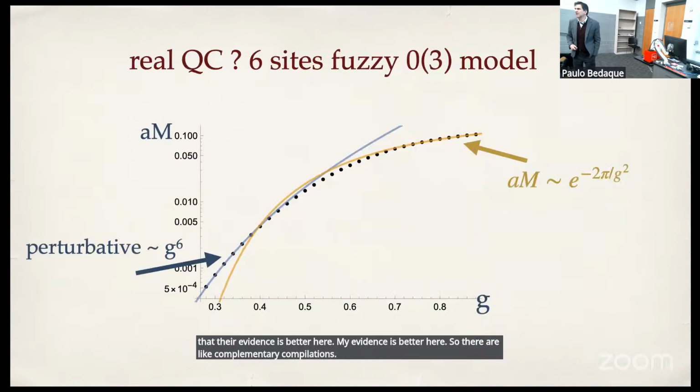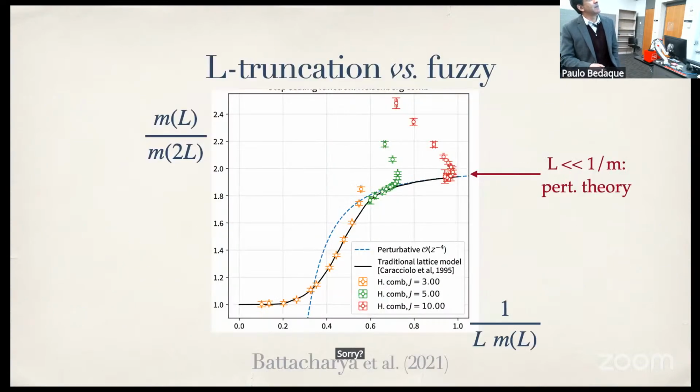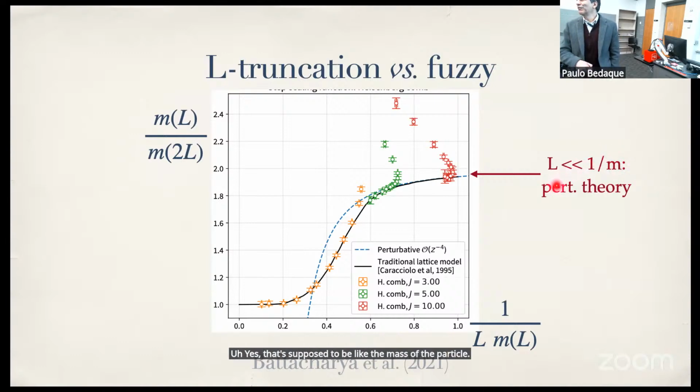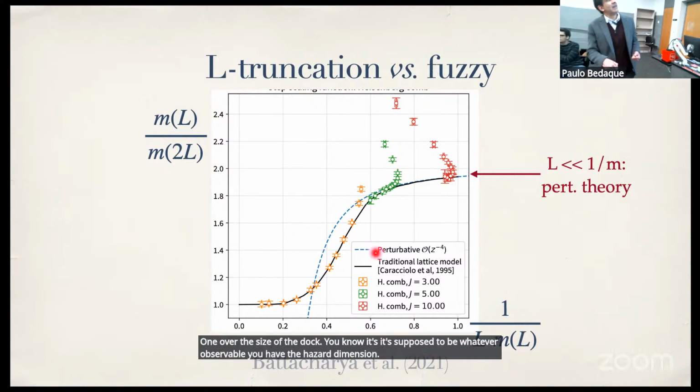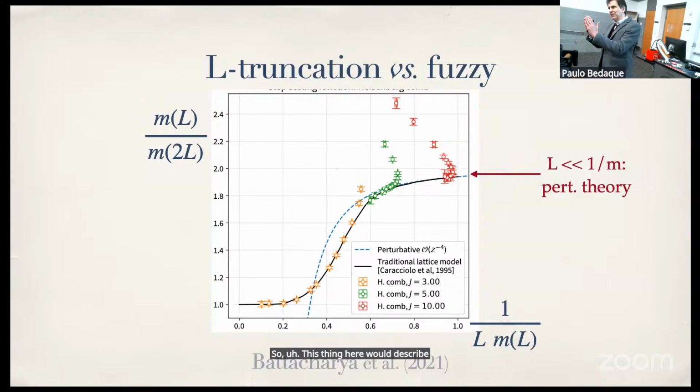What's small then? Yes, that's supposed to be like the mass of the particle, one over the size of the duck. It's supposed to be whatever observable you have that has a dimension. So this corner here will describe this model in a tiny little box.